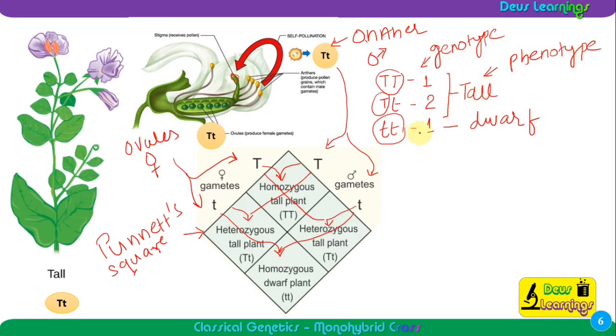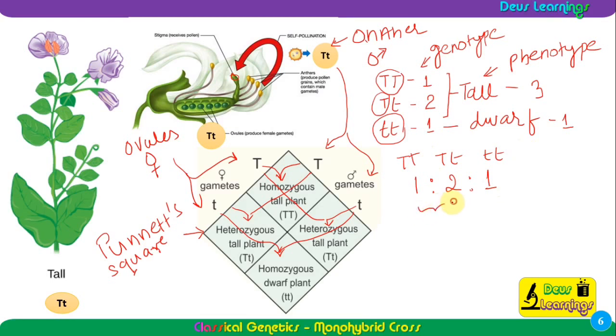So if we want to make the ratio, how much will it be? For tall, there are 3 individuals. For dwarf, there is 1 individual, right? So the genotype ratio is 1:2:1, that is homozygous tall, heterozygous, then homozygous recessive, right?